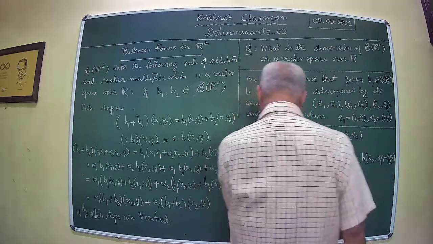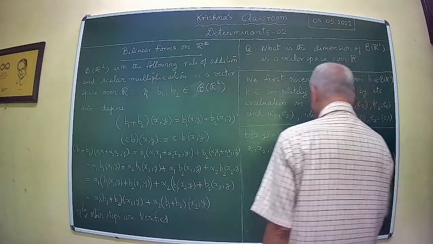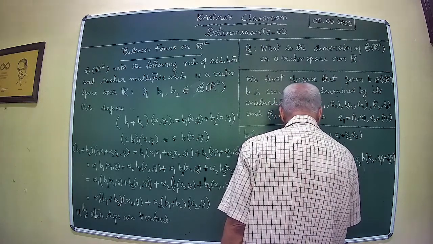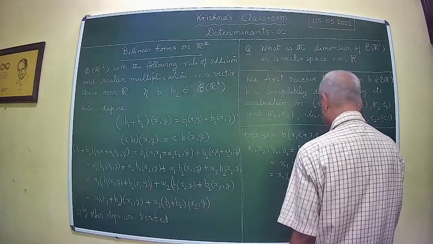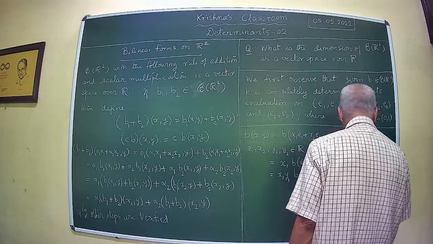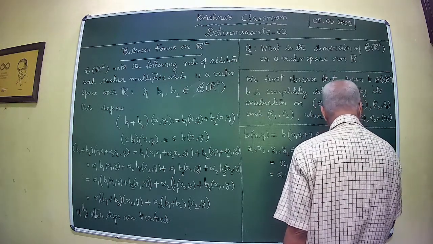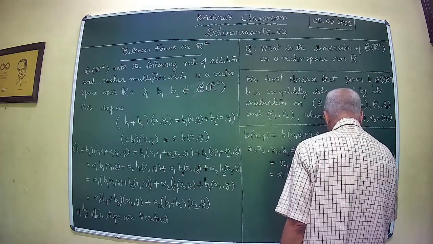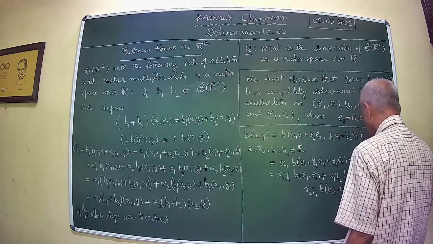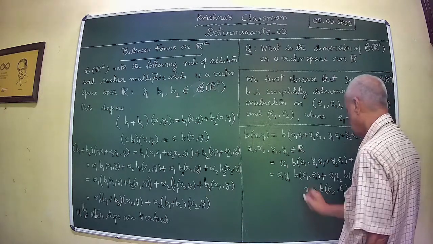That's equal to x1 y1 B(E1, E1) plus x1 y2 B(E1, E2) plus x2 y1 B(E2, E1) plus x2 y2 B(E2, E2).